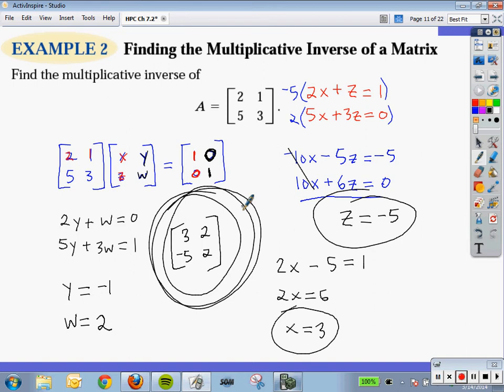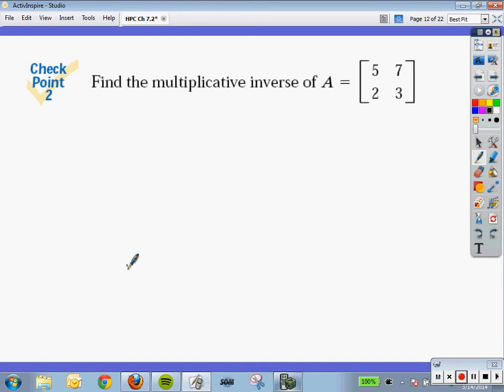Now you guys remember that if I really wanted to prove that they are multiplicative inverses, I would have to multiply this inverse times this matrix here, right? Okay. We're not going to do that right now. We're just going to move on. This checkpoint here is for your practice. We don't have any homework associated with this section right now, so it is for your practice.